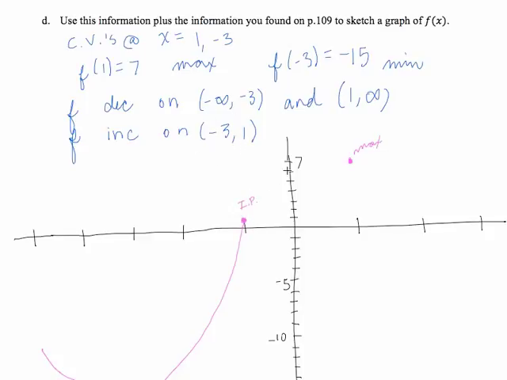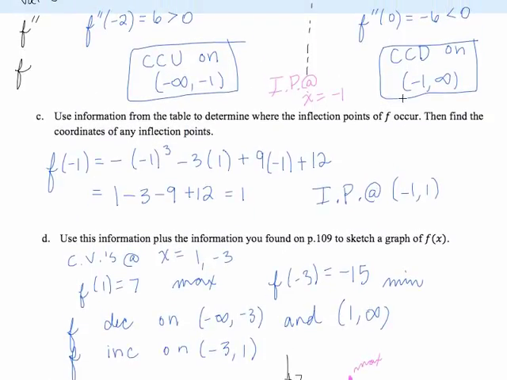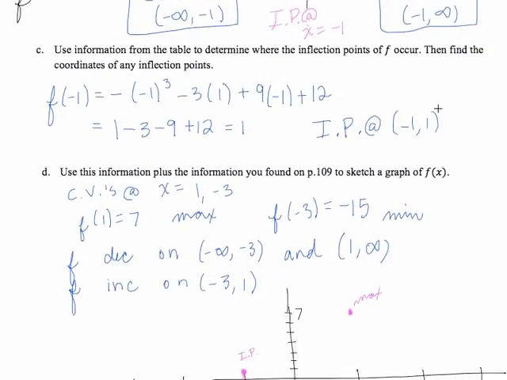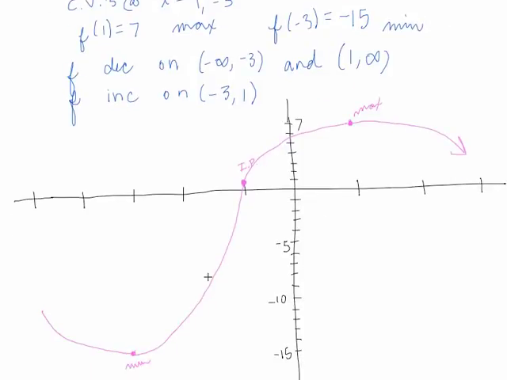So it's still increasing, but the concavity changes between -1 and 1, and now it's concave down. So it's increasing and concave down, and then it is decreasing after 1 and also concave down. So there's a decent graph of the function, without ever touching a graphing calculator.